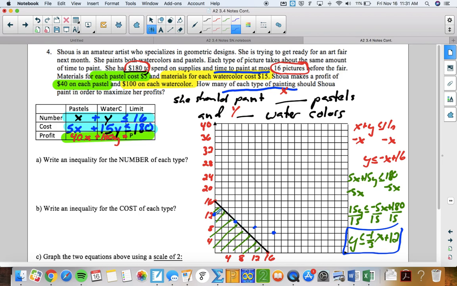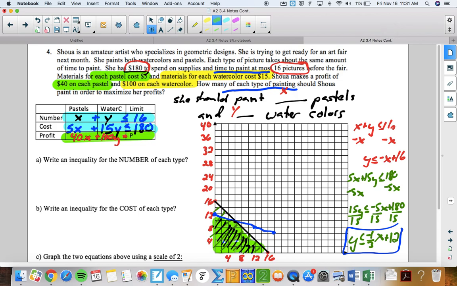I'm going to zing it, and then I've got to shade below it. So this region, I'll just re-highlight it, is my feasible region. It meets both constraints of time and of money.